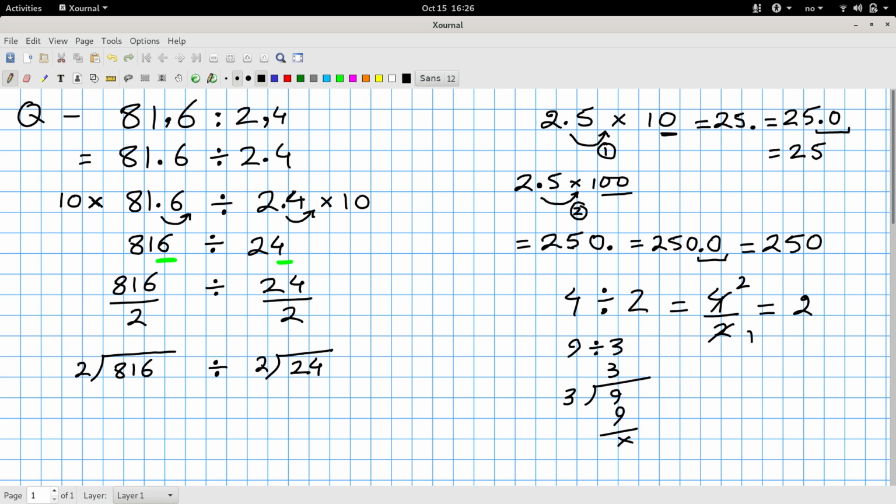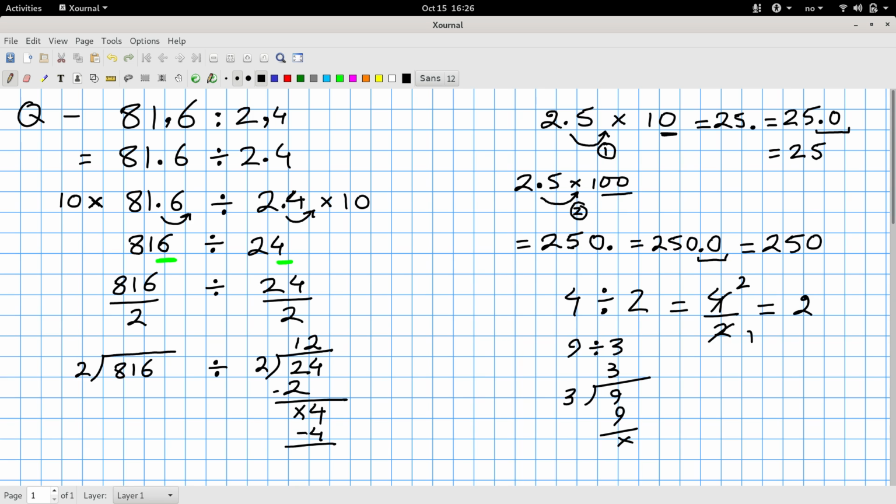So 24 divided by 2 will work like this. 2 one time is 2, and then you put a cross out sign here because 2 minus 2 is 0, and then you bring down 4, and then you say 2 multiplied by 2 is 4, right?